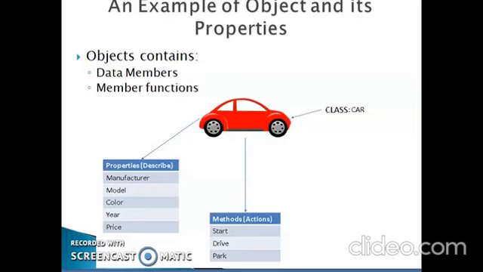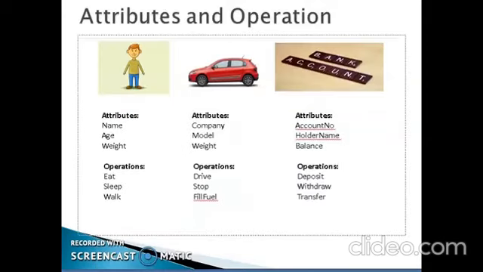Also in the car example, car is a class, and one particular specific car is an object of this class. Which class? Car class.